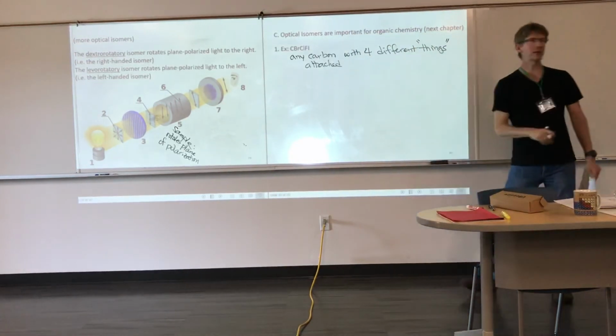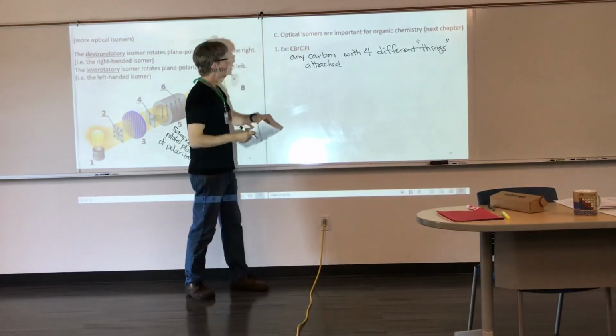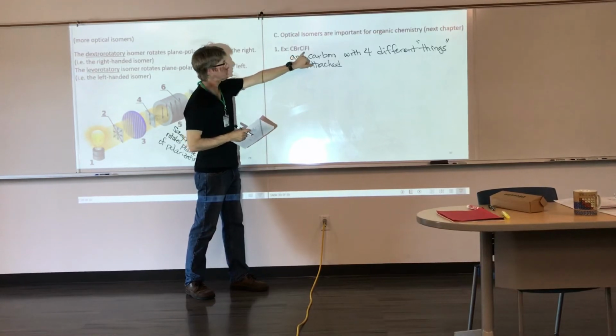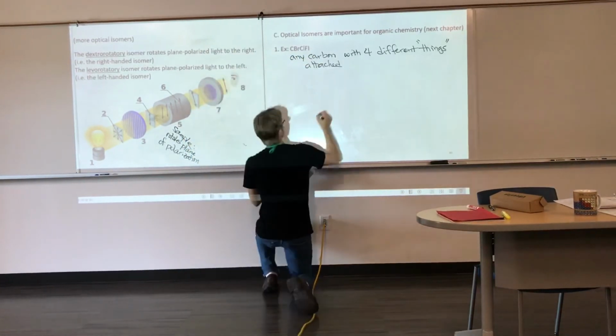We'll talk more about what things means, but in this simple instance, we have carbon, a central atom, with bromine, chlorine, fluorine, and iodine attached.